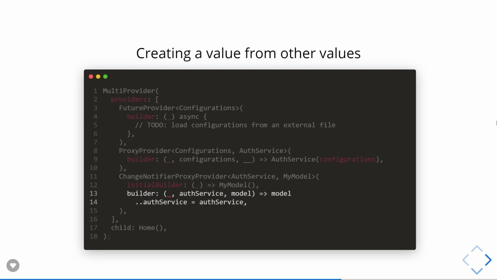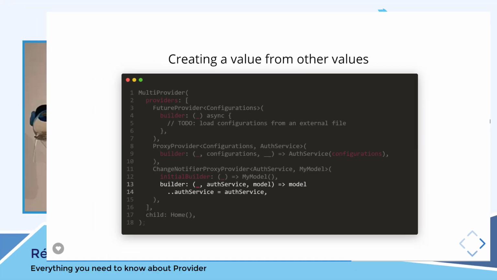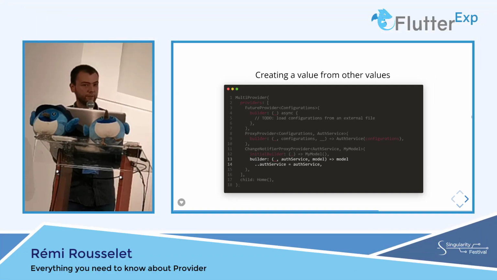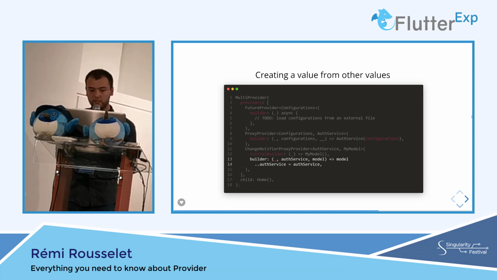Then we can combine both to, for example, assign a variable inside our model, and then using such provider, when again the authentication service changes, the model that we created will automatically update with the new variable.